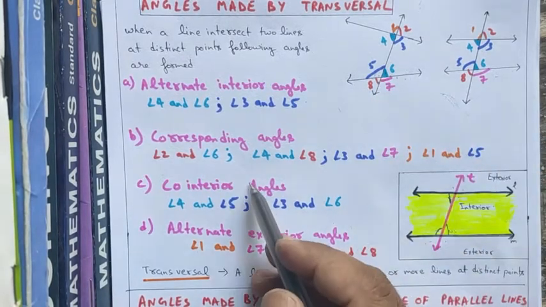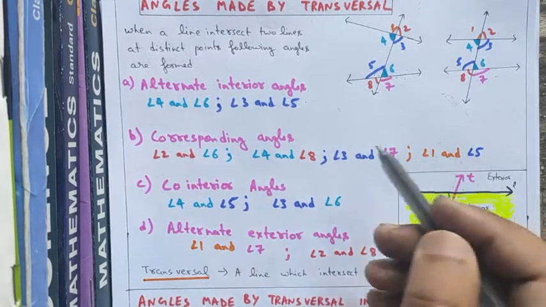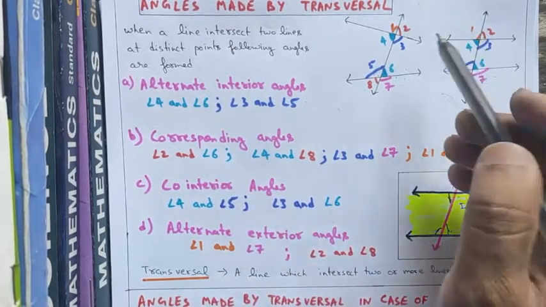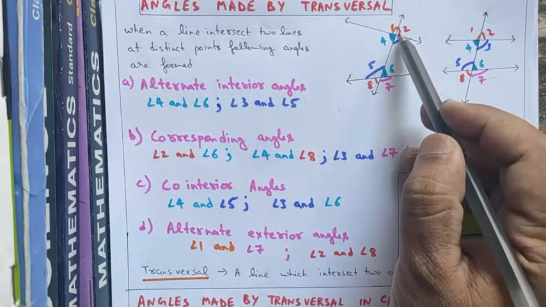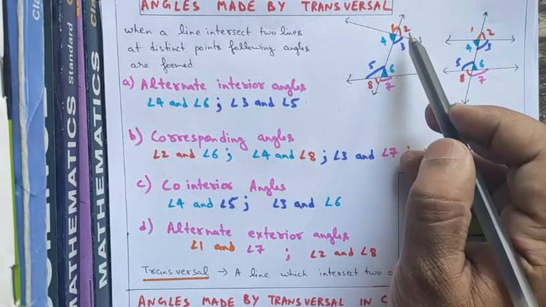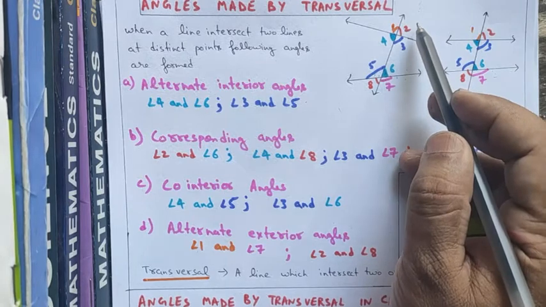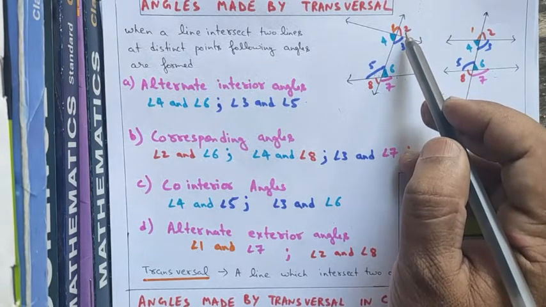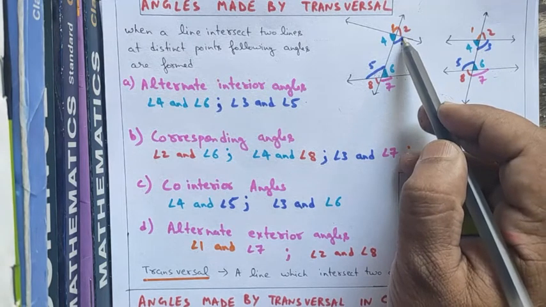Now the second is corresponding angles. There are four different pairs of corresponding angles. We will discuss them one by one. Angle 2 and angle 6. The corresponding angles are the angles which are on the same side of the transversal, made by the transversal with the two lines.